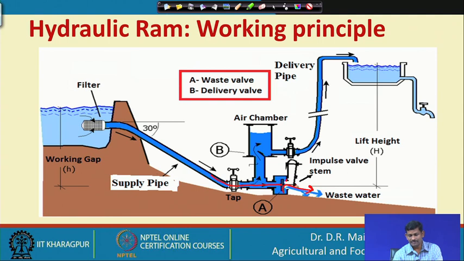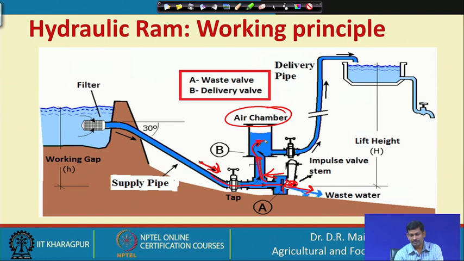Then, because of the spring action, this valve again pushes the fluid into the system, towards this direction. Definitely the escape point is this, because this is high pressure, it does not go there. So, this extra fluid is going to lift the delivery valve, and then it goes into the air chamber.